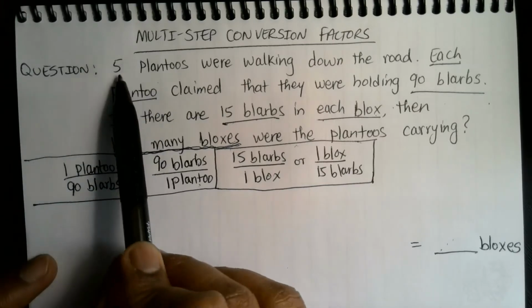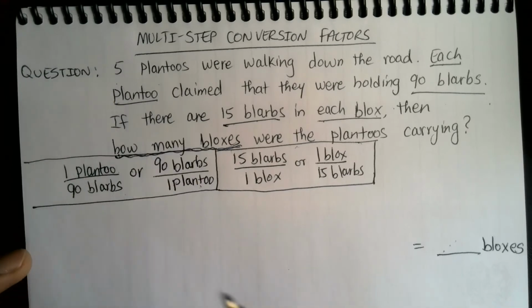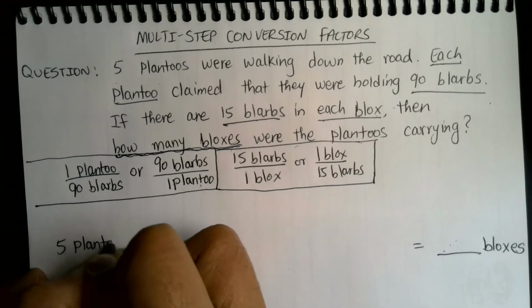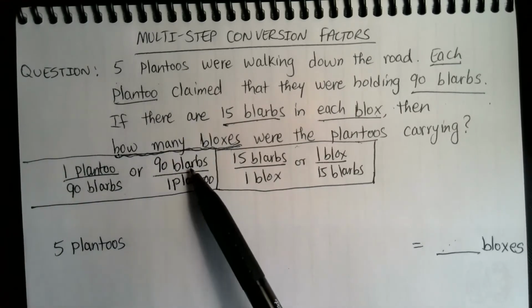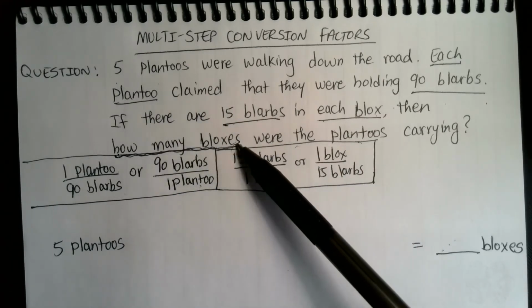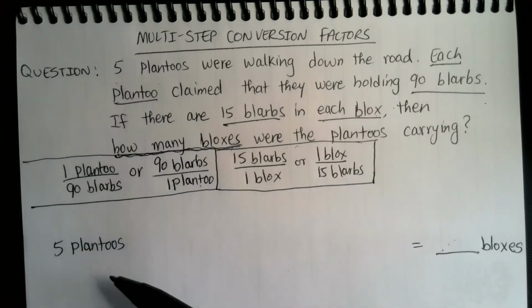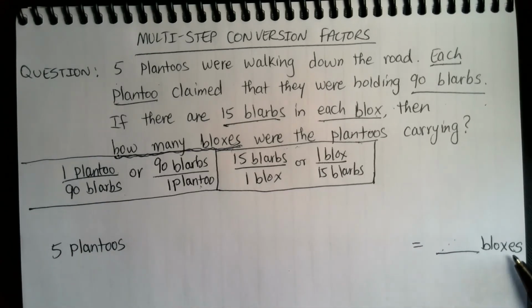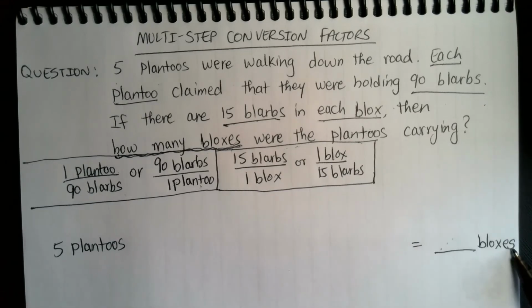And in this, the fact of the situation is that you have 5 Plantus walking down the road. That's it, right? 5 Plantus. So that becomes your given value. A value you could not put as fraction. And the question is asking you how many blocks were the Plantus carrying. So if you had 5 Plantus, we want to know 5 Plantus equal how many blocks? 5 Plantus were carrying how many blocks?